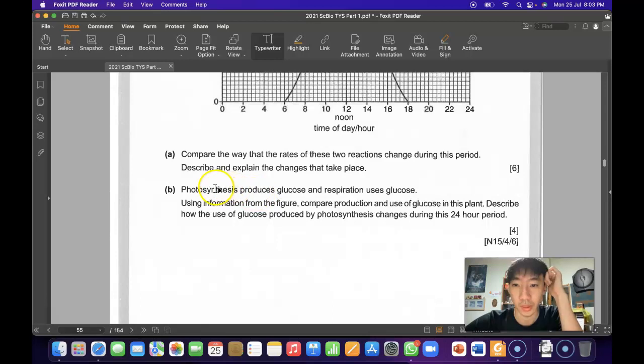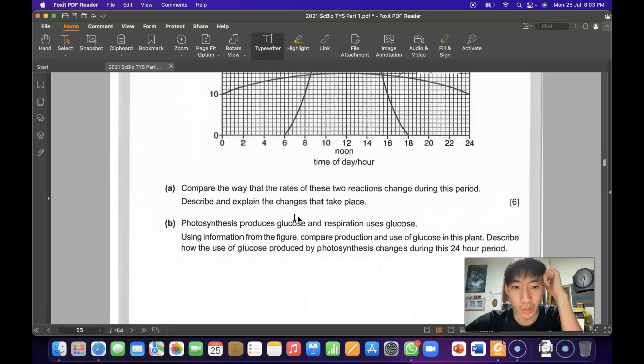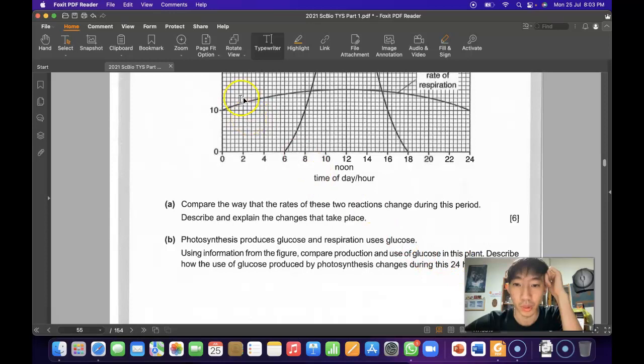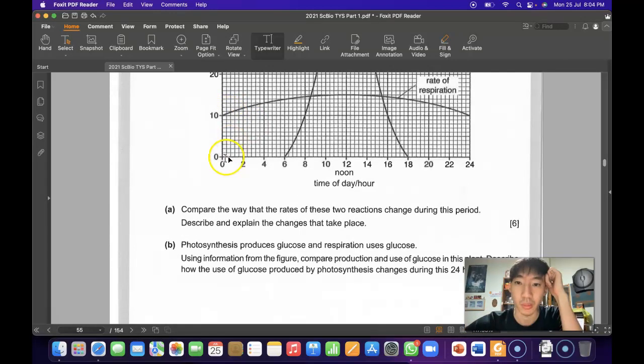Okay, and then this question: photosynthesis produces glucose and respiration uses glucose. Using information from the figure, compare production and use of glucose in the plant. Describe how the use of glucose produced by photosynthesis changes during this 24-hour period. Okay, in general we could say that glucose produced by photosynthesis is used up by respiration between 0 and 24 hours.